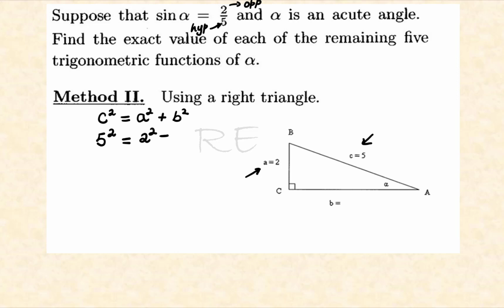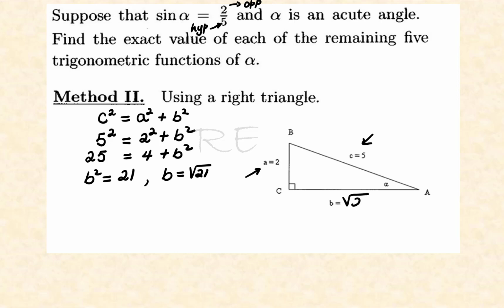Therefore, 5 squared is equal to 2 squared plus b squared. 25 is equal to 4 plus b squared. Subtracting 4 from both sides, b squared is equal to 21. Therefore, b is equal to square root of 21.